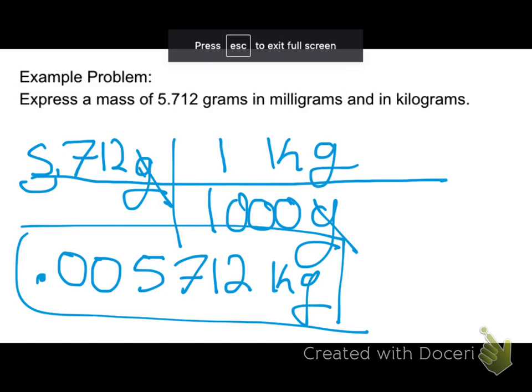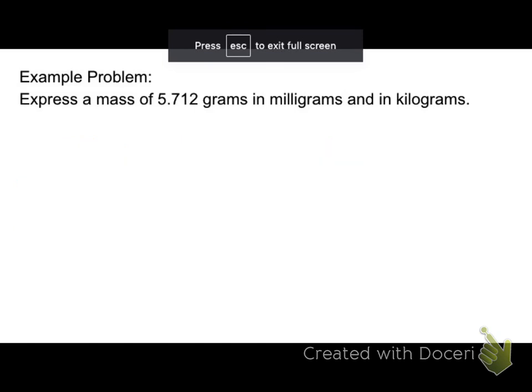You can do conversions like this with any conversion factor, even ones that are not metric based like this. So, for example, if I told you there was a basketball player, and this basketball player had a 34-inch vertical jump, and I asked you, what is that vertical jump in centimeters?